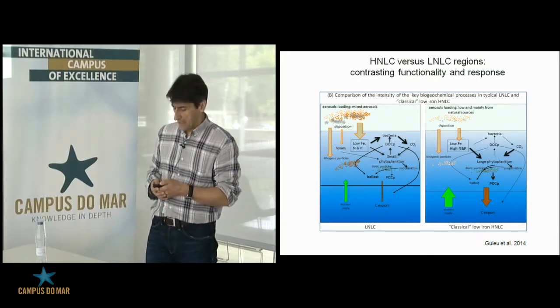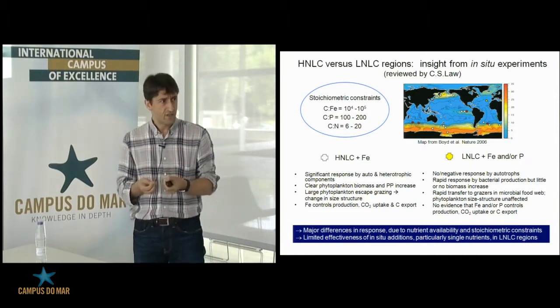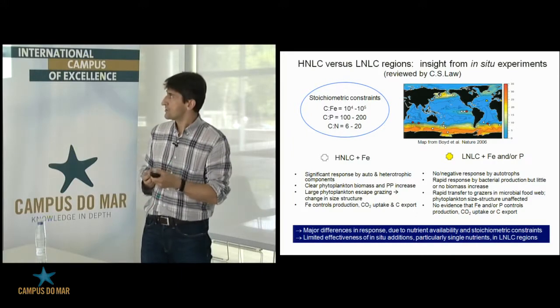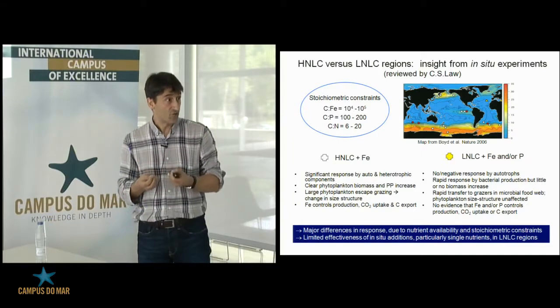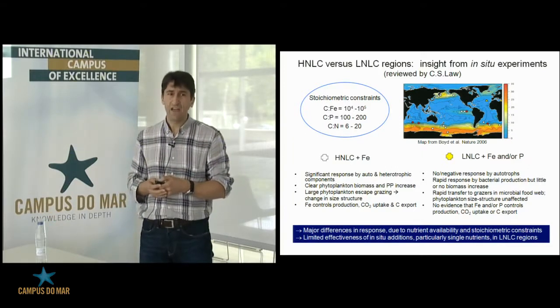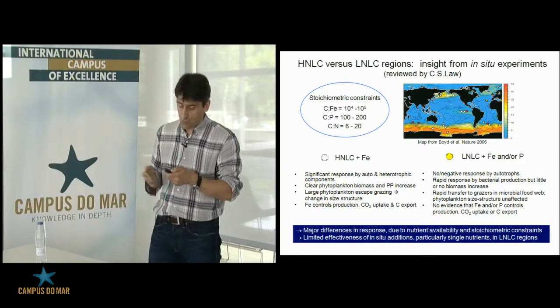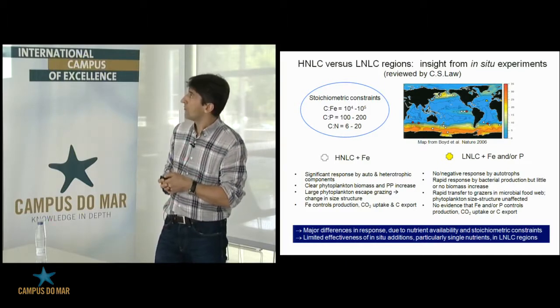And in fact, when you compare the results of in situ addition experiments, in most cases, low nutrient, low chlorophyll regions, in which typically nitrate is the most limited nutrient, have a limited ability to respond to the dust or to nutrient addition, more generally speaking. So this would be indicated here on the right.